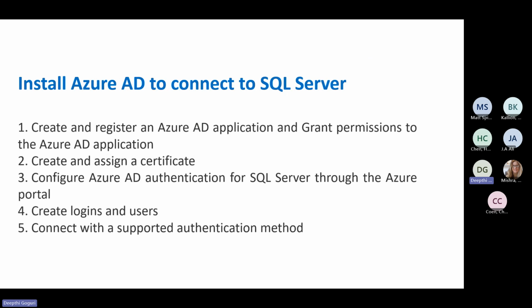That will be taken care of automatically if you're choosing the automated installation managed by the service itself. Then create and assign a certificate. Configure Azure Active Directory authentication for SQL Server through the Azure portal, and then create the logins and users by using that Azure AD account.